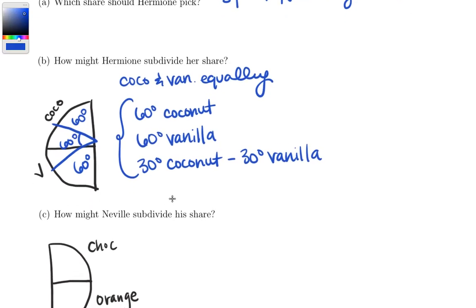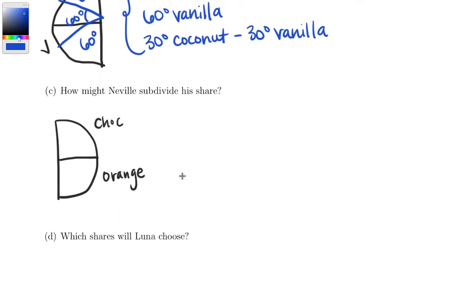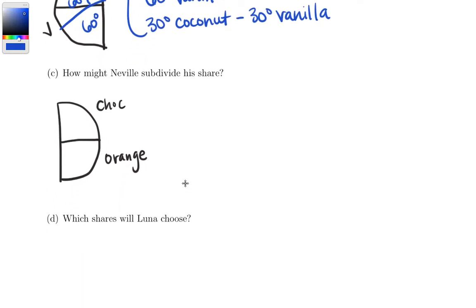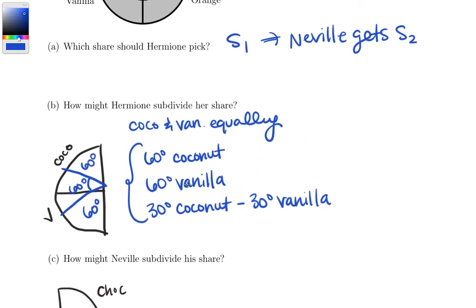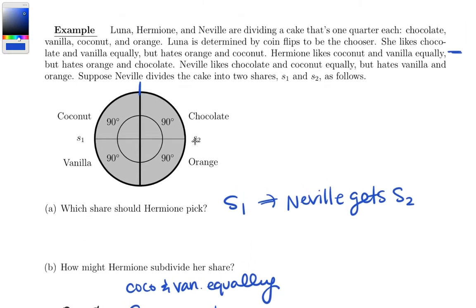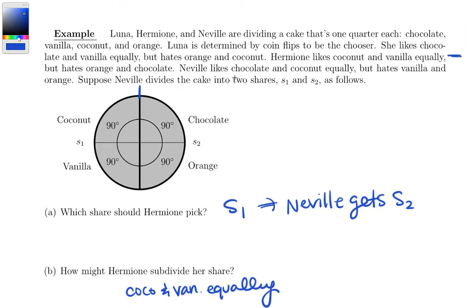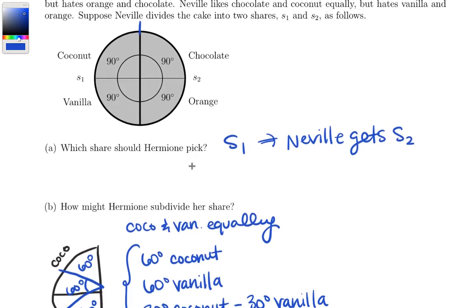Okay, part C, how is Neville going to divide up his share? Well, let's remind ourselves what are Neville's preferences. Neville likes chocolate and coconut equally, but hates the other two. Okay.